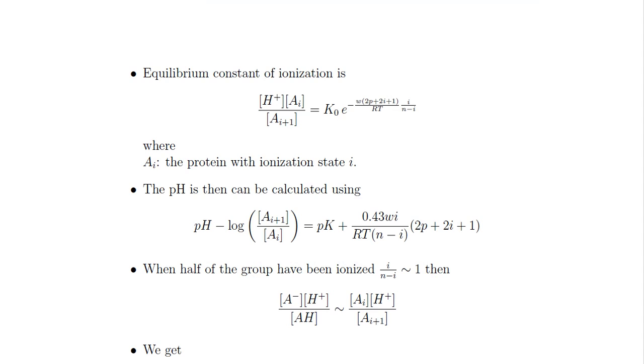Taking the equilibrium constant of ionizing charge is plus A(I plus 1) equal to K naught exponential minus this equation, where A I is the protein with ionization state I. So 1 state, 2 state.